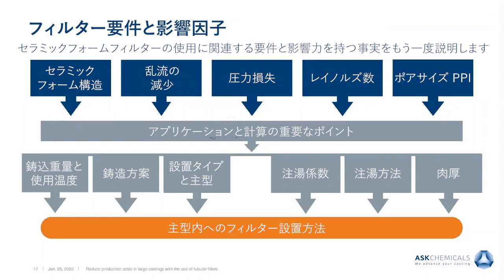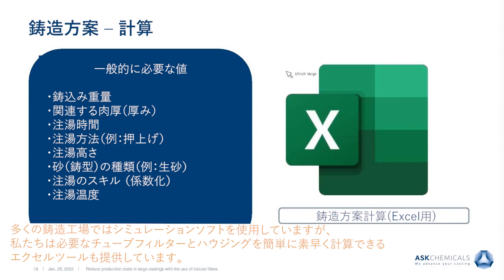All these aspects are very important with the application and calculation of filters, and at the end also for the installation of the filter into the mold. I will not go too deep into this, but one important remark still here. You know that in the application of filters for large castings, it is necessary to provide correspondingly large filter areas for effective and efficient filtration.